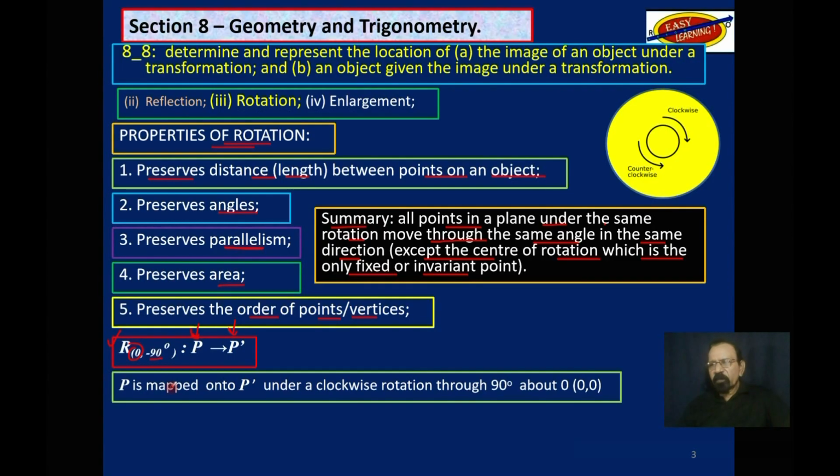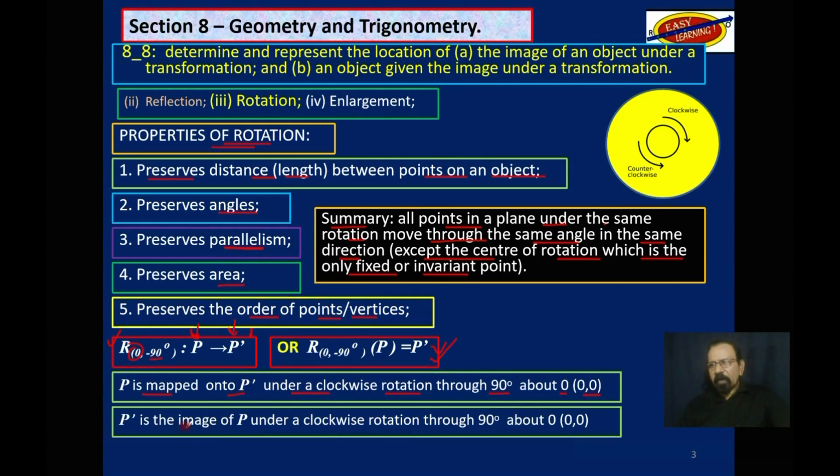So you read that as P is mapped onto P prime under a clockwise rotation through 90 degrees about the origin 0, 0. Or you may see something like this. That's a slightly different way of writing what is over on the left here. And it means P prime is the image of P under a clockwise rotation through 90 degrees about the origin, which is 0, 0.